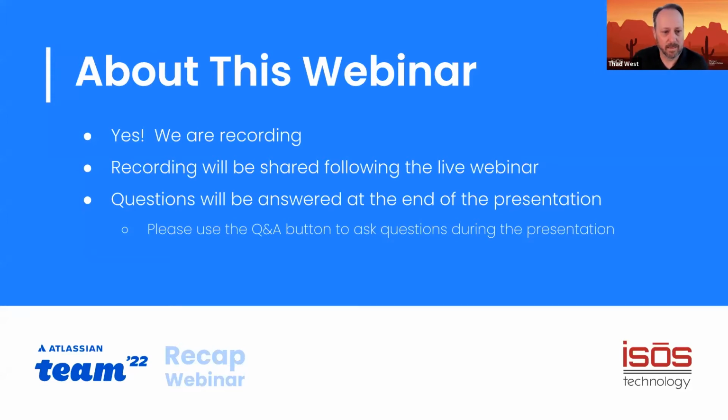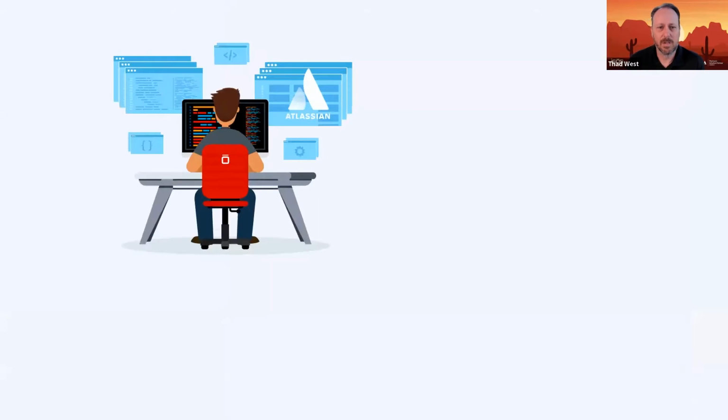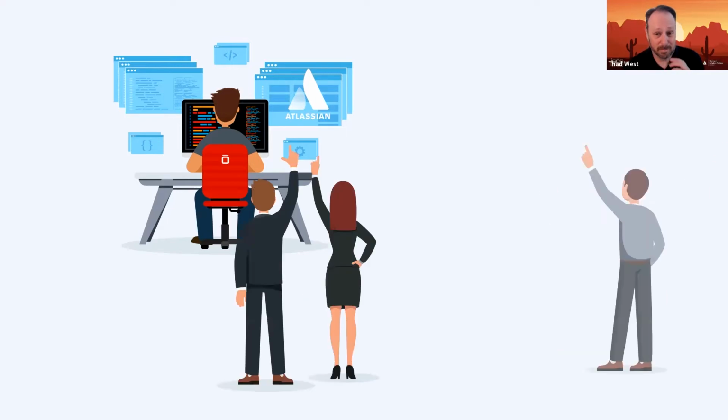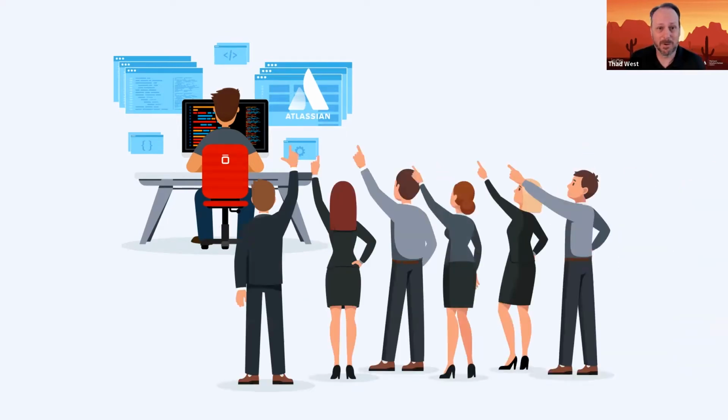So with that, just a little bit of an introduction to ISOs. We started in 2005 doing custom software development, and we bought the Atlassian tools to run our practice. Once we started introducing the Atlassian tools to our customers, they all of a sudden became more interested in our tools and our process and our methodology than our custom code. So we said, hey, this is interesting. Let's go help customers solve problems on the Atlassian toolset.